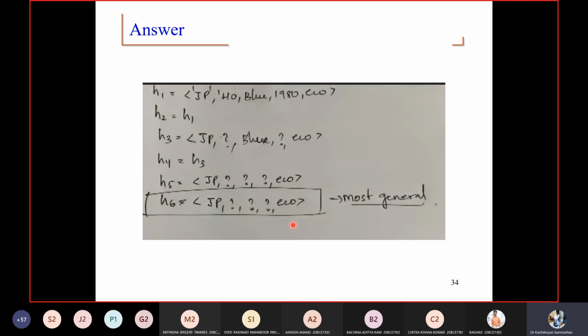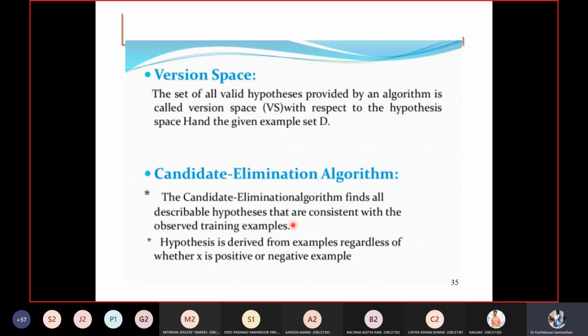We need to consider negative data sets, whether they are outliers or missing values, and find the best hypothesis. But the Find-S algorithm takes only the positive data set, so this may not be a proper hypothesis for all problems. Those are the drawbacks of the Find-S algorithm.